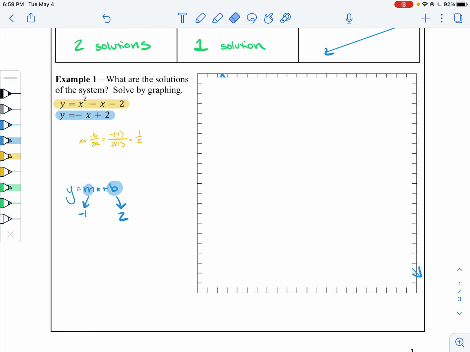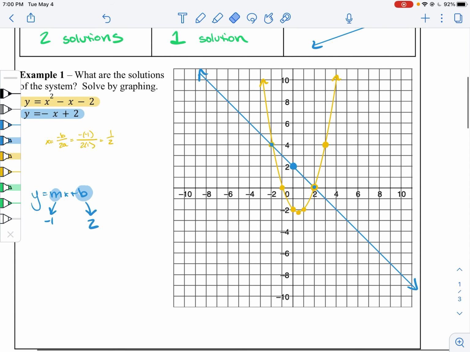So with that information, I graphed both of them. So you've got a vertex down here at 1/2, -2 1/4. You've got intercepts here at -1 and 2, and I've got my parabola there. I've also got my line going this way. I started at the y-intercept 2, went down 1, over 1, down 1, over 1, just like that.